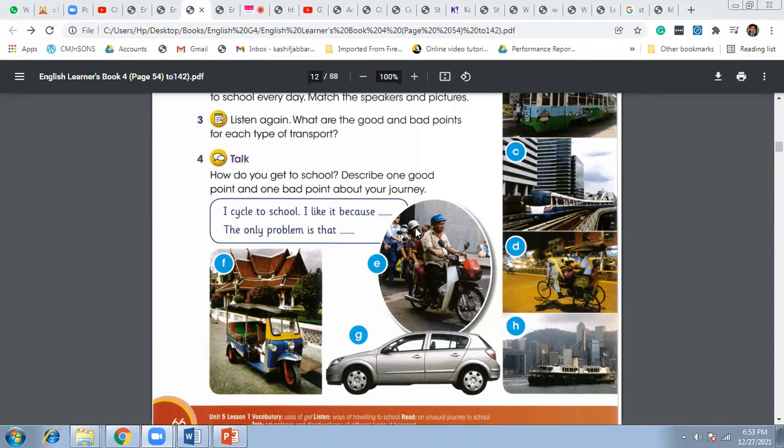Car, bicycle. Okay. So when you were coming to the school, how did you usually come? In the car. All right. So what was good and what was bad? Tell me two things, the good thing and the bad thing. The car is good and the bus is bad. Okay. All right. That's good.